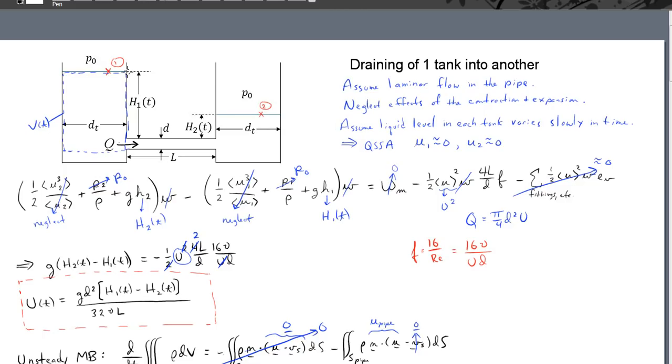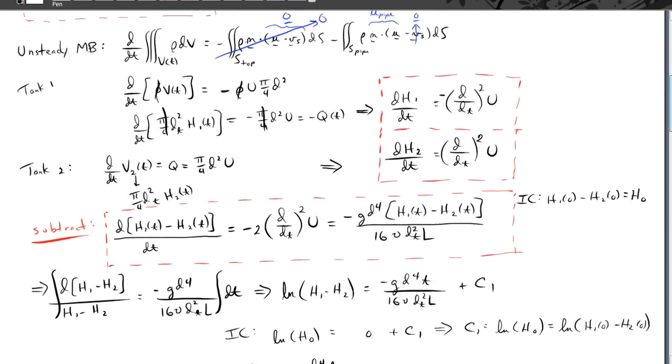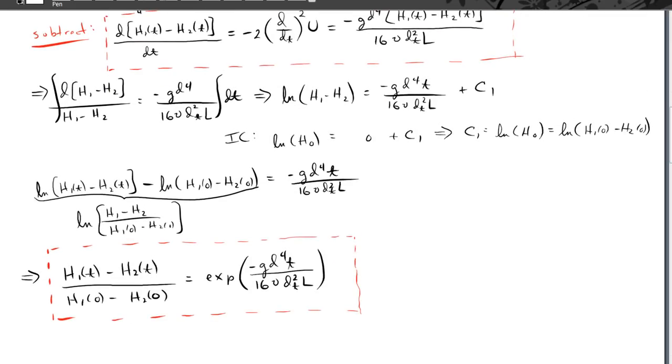So as time progresses and the height in tank 1 decreases, the height in tank 2 increases, the driving force, the difference in those two heights, the potential energy term g (h1 minus h2), will become smaller and smaller. And that results in the exponential decay in the rate at which the height difference decreases in time.